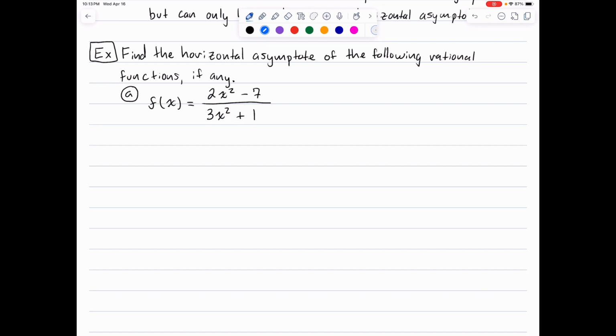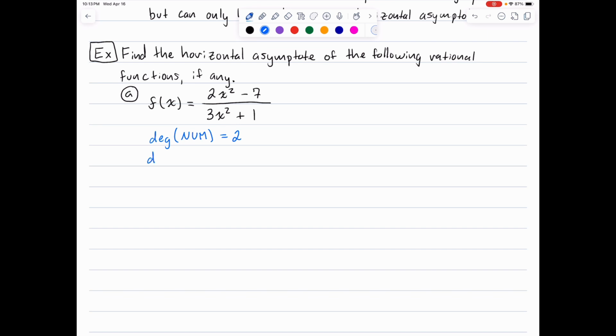So we want to find the degree of our numerator. If we look at the numerator, this is our leading term, which means this is our degree. So our degree is 2.